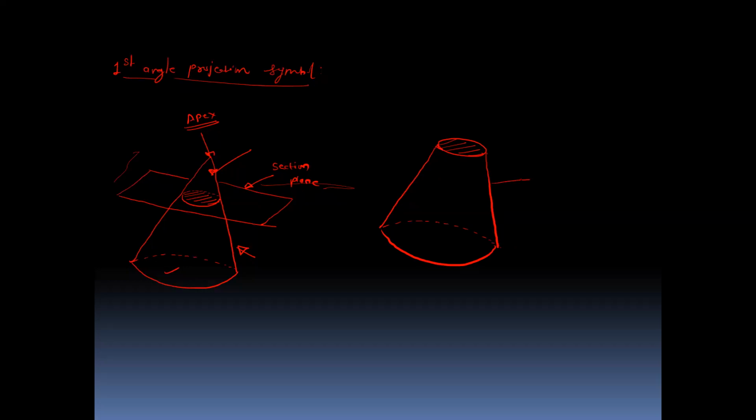So this part or this geometry is called as a frustum. This is called as frustum of the cone. When the section plane cuts the given geometry exactly parallel to the base of that geometry, that is called as a frustum of the cone.